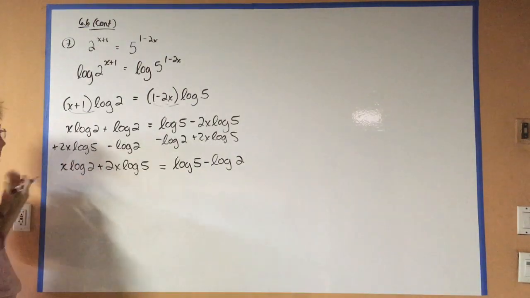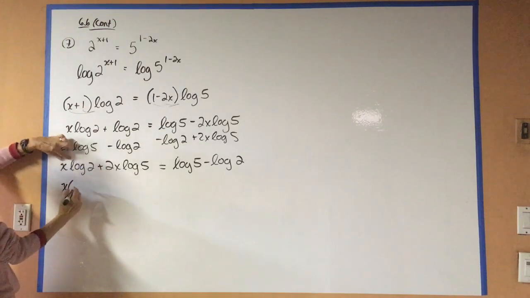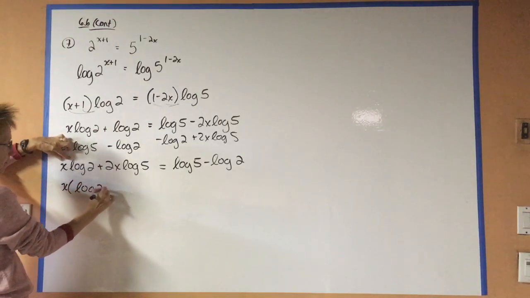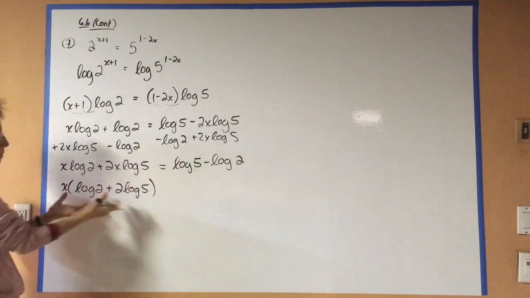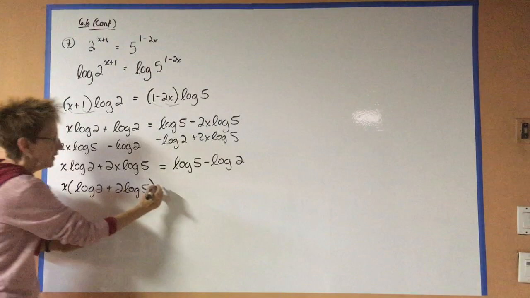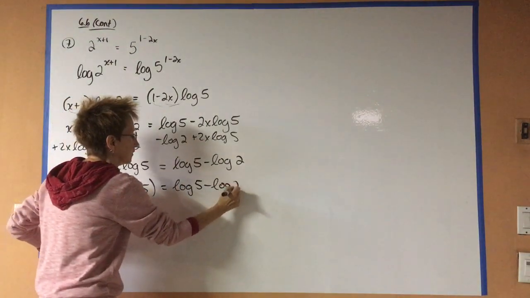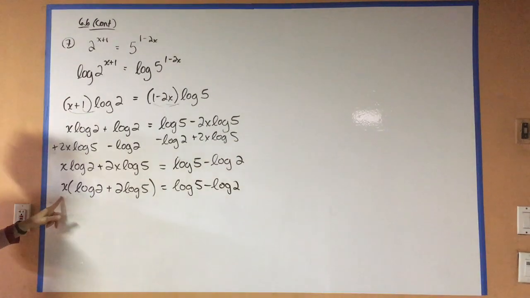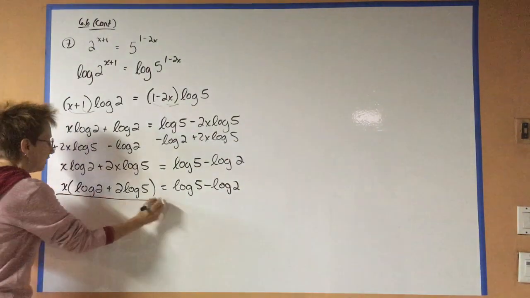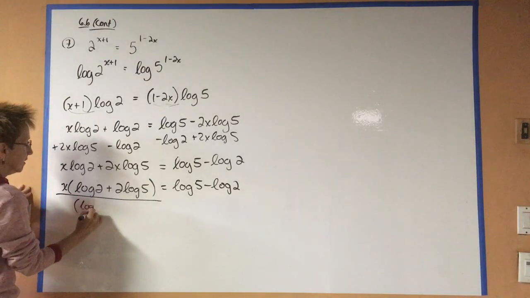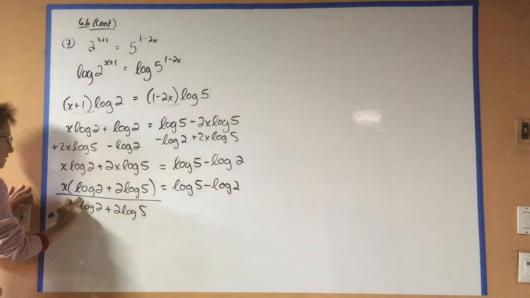So I'm going to take the x out. I factor out the x because they have the x in common. And I'll be left with log of 2 plus 2 log of 5, nothing but the constant part, equals log of 5 minus log of 2. So now how do I solve for x? x is multiplying with something, so I will divide by that something. So I'll divide this side by log of 2 plus 2 log of 5, and I don't really need the parentheses here.